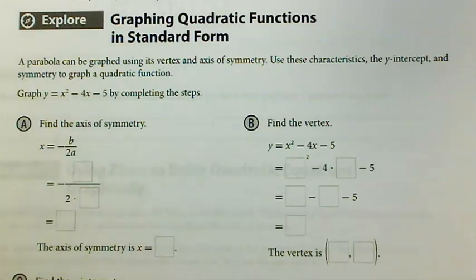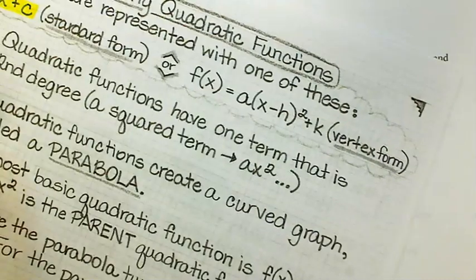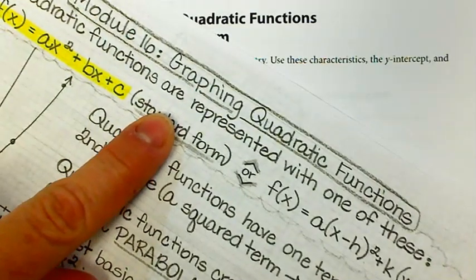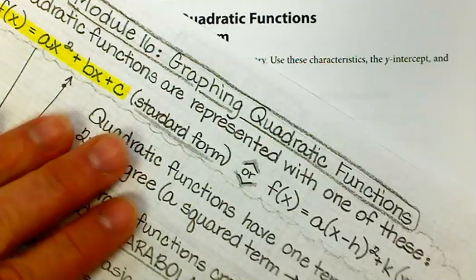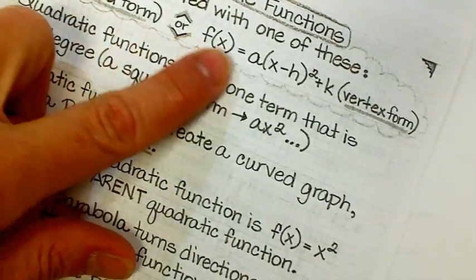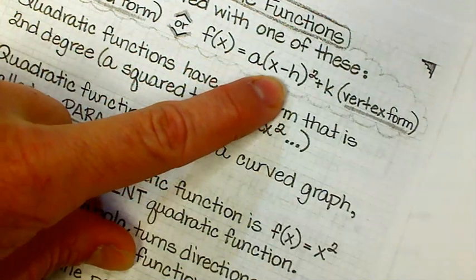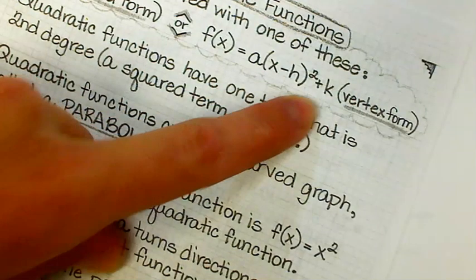Okay, I will remind you very quickly that you have more than two ways of writing quadratic functions. You can write it in standard form, which is ax squared plus bx plus c, or you can write it in what's called vertex form, which is a times parentheses x minus h squared plus k.